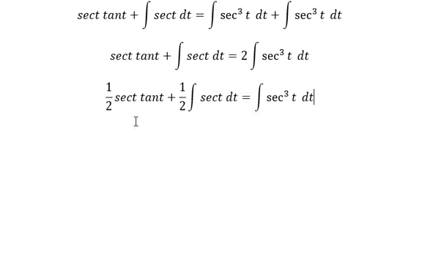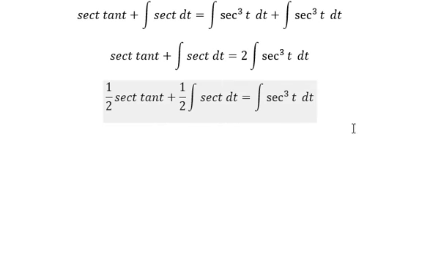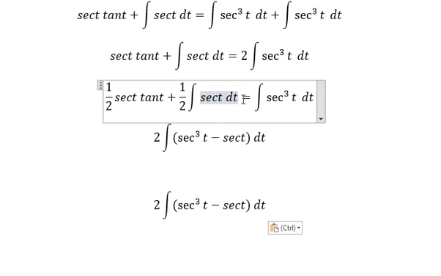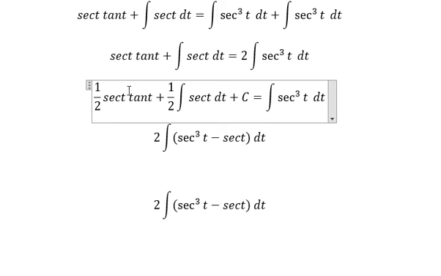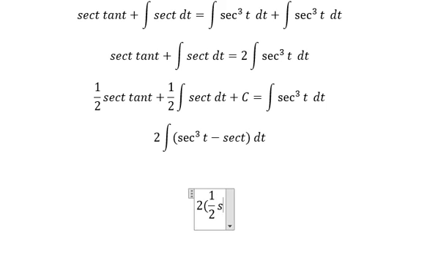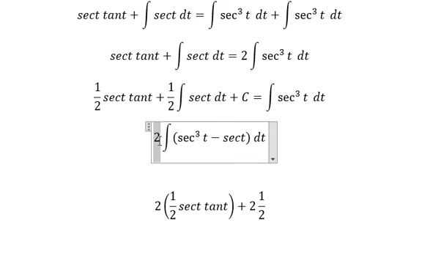Now we go back in here. The integration of this one is about this one. So we will have 1 over 2 secant t tan t plus 2 multiplied by 1 over 2, because we still have 2 in here.